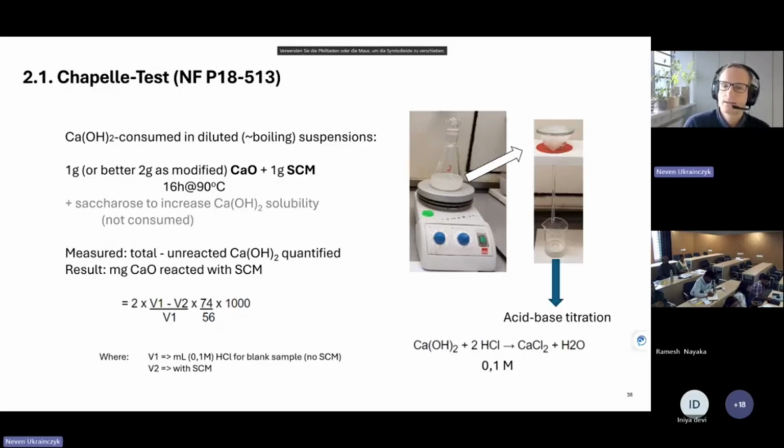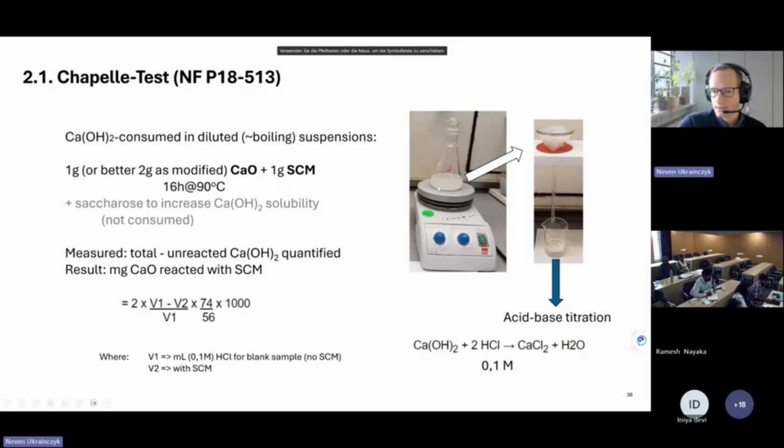So the Chapelle test is you basically make a suspension of calcium hydroxide, diluted in water, and then you add your SCM, so supplementary cementitious materials. So it's 1 gram of calcium oxide.